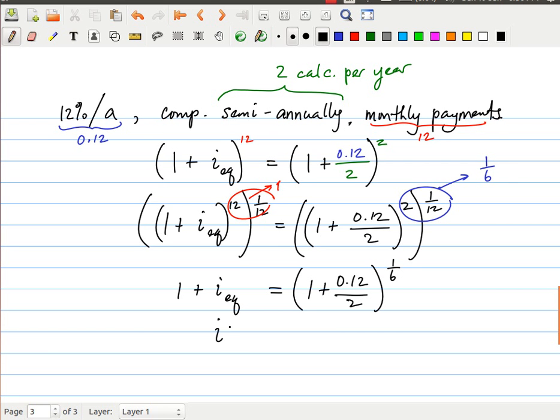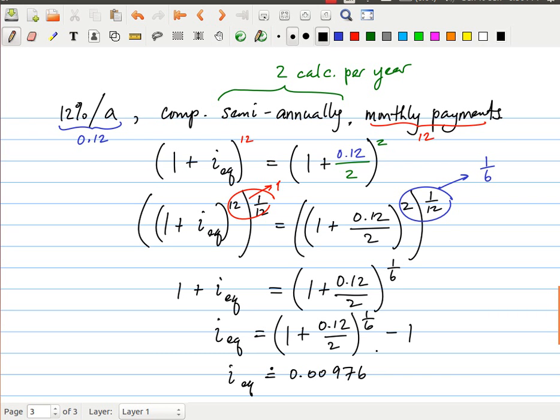Or I could finally simplify this as I equivalent equals 1 plus 0.12 over 2 to the power 1 over 6 minus 1. And I end up with the exact same value I did before, which is 0.00976 for the equivalent interest.